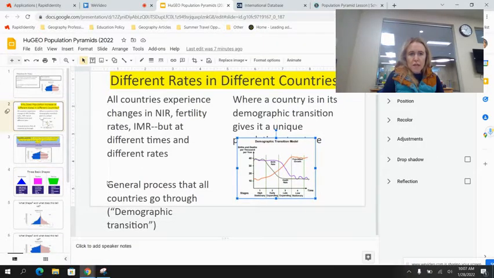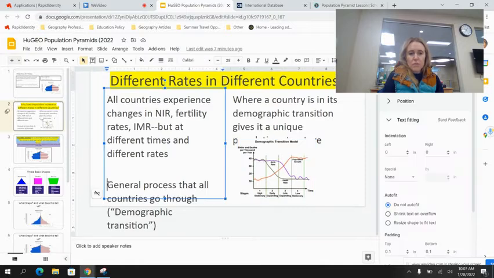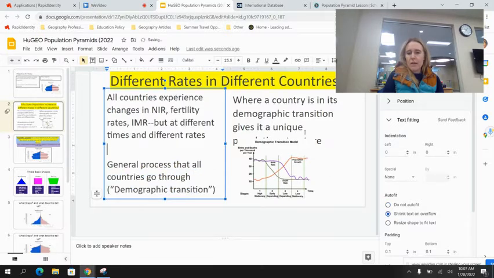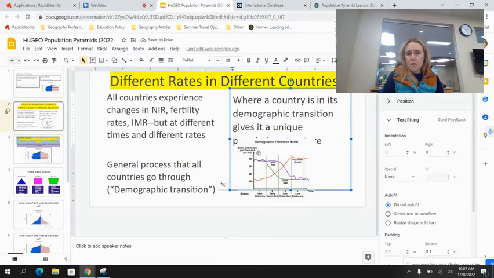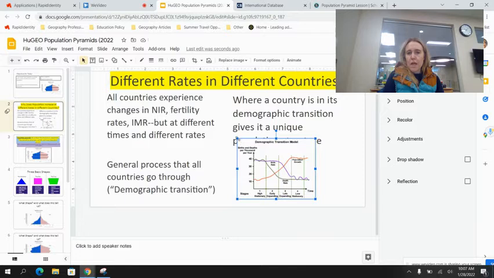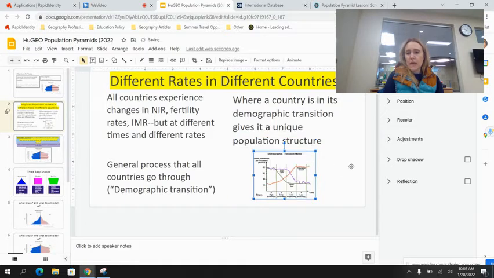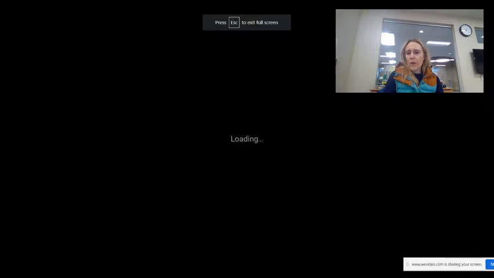The general process that all countries go through is referred to as the demographic transition model, and we also learned about that last week. The demographic transition model shows us that there are varying changes in birth rate and death rate throughout time.